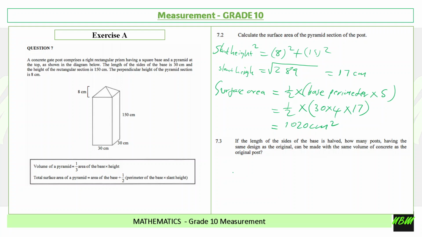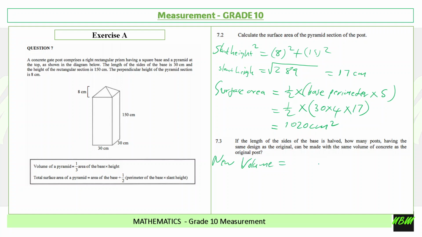And then question 7.3. If the length of the sides of the base is halved, how many posts having the same design as the original can be made with the same volume of concrete as the original post? Right. The length of the sides of the base is halved. So what will be the new volume?